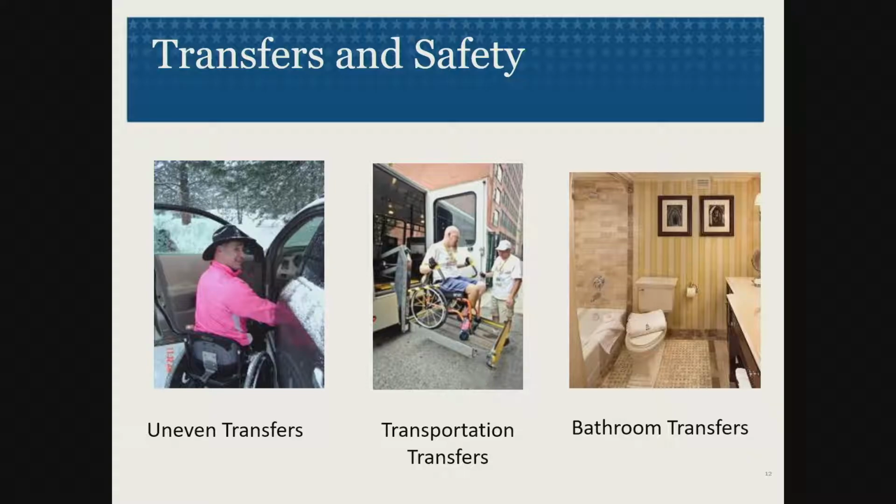Public transportation is up there, and of course this individual is not transferring while he is being lifted on that platform lift, but this is not a device that he would use as a seat in a motor vehicle. So as soon as we get into the vehicle, that individual now needs to transfer in somewhat of a precarious situation to get into the vehicle seat for optimized safety. And then the one that we are well aware of, but we hear of all the time, falls during transfers in the bathroom.